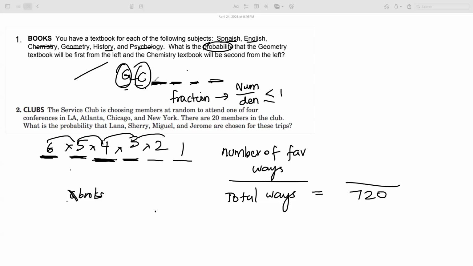How many possible books can be placed here? Four. This slot is taken. How many possible books here? 3, 2, 1, right? Now multiply all of this. This is the number of favorable ways with G and C first and second. Make sense? 4 threes are 12, 12 twos are 24.